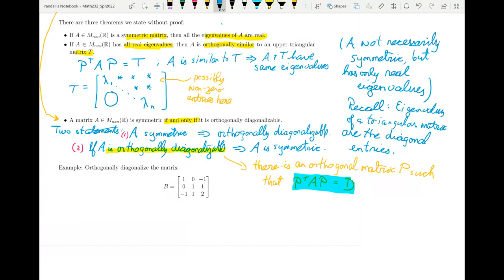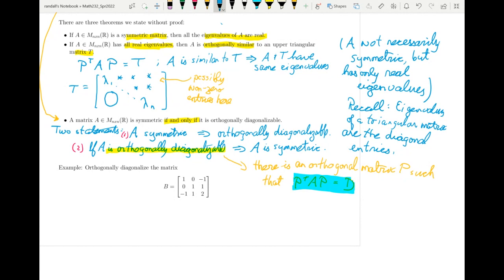The eigenvalues form the matrix D. The second is not usually what we're doing. I'm not going to orthogonally diagonalize the matrix just to prove that it's symmetric. I'll simply look at the matrix and see if it's symmetric. Nevertheless, there might be situations where, in some abstract sense, you know that this matrix is orthogonally diagonalizable, even if you don't see it.